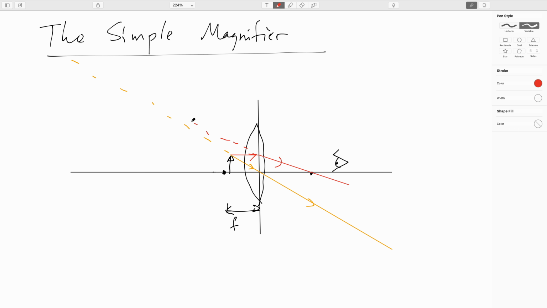And so here's our image way far away, like so. And we can work out the angle here.